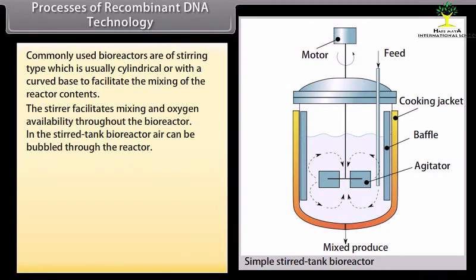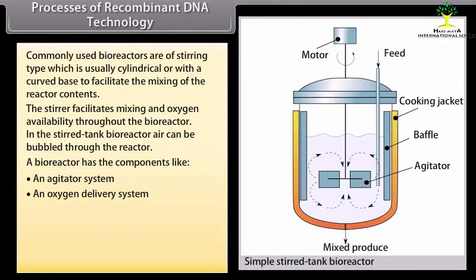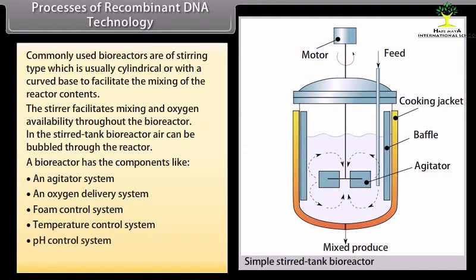The stirrer facilitates mixing and oxygen availability throughout the bioreactor. In the stirred tank bioreactor, air can be bubbled through the reactor. A bioreactor has components like an agitator system, an oxygen delivery system, foam control system, temperature control system, pH control system, and sampling ports.